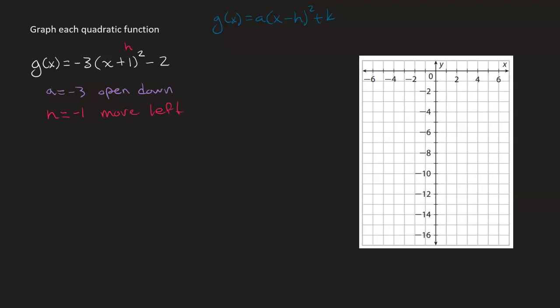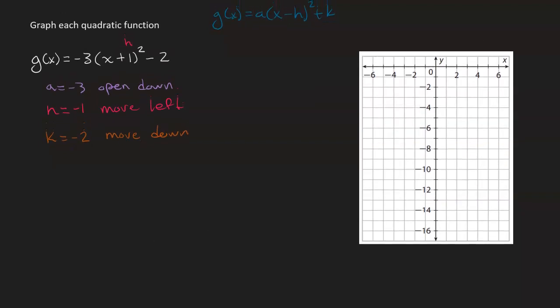Let's indicate our k value. Our k value is also negative, that's -2, meaning this will move down. Okay, so let's go ahead and set up a table. Well, before we set up the table, I can actually figure out what my vertex is. My vertex is at -1, -2.